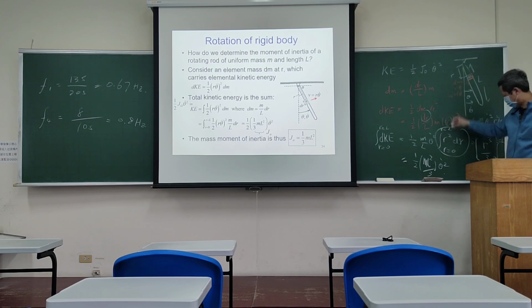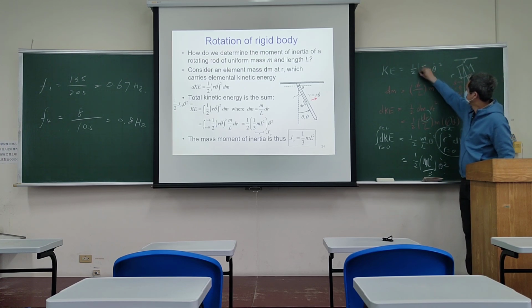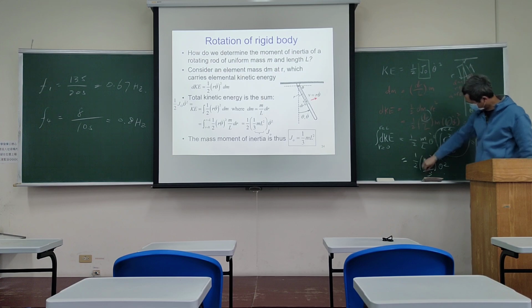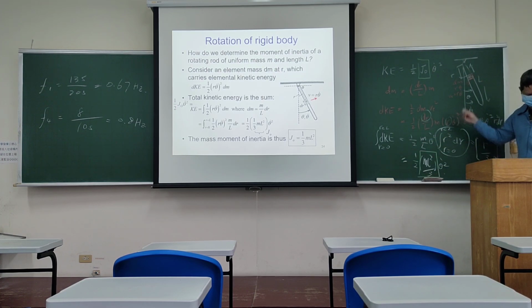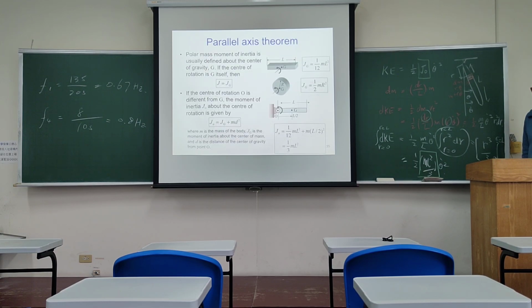Remember, we're talking about moment of inertia in this position. This will give you the moment of inertia J naught being one third times mass times the length squared.